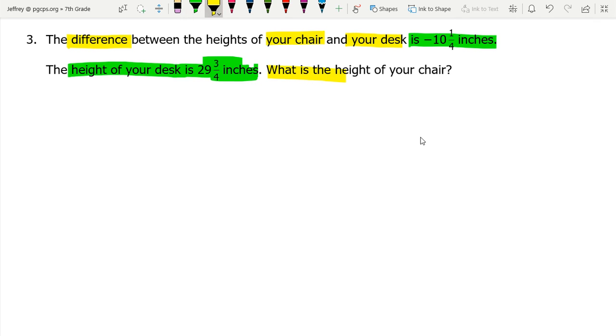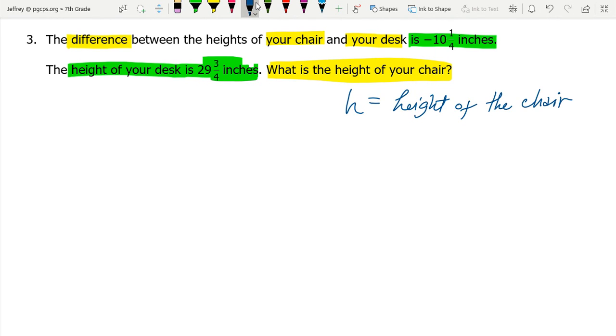And the question is, what is the height of your chair? So what are we looking for? We're looking for the height of your chair. So let's use H to represent the height of the chair. Okay, so H represents the height of the chair.